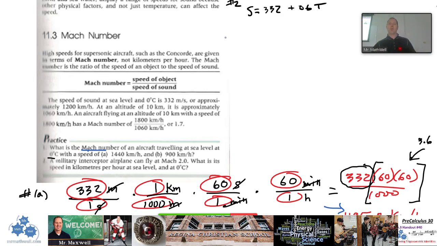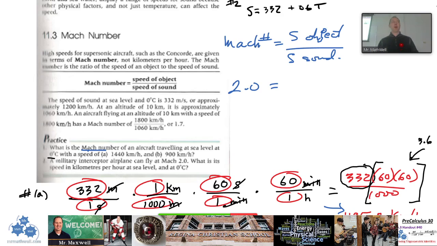But so Mach number is the speed of the object divided by the speed of sound. And so we have 2.0 as the Mach number. So I'm going to put that right there in my equation. I also know that the speed of sound in kilometers per hour at 0 is 1195.2, right?